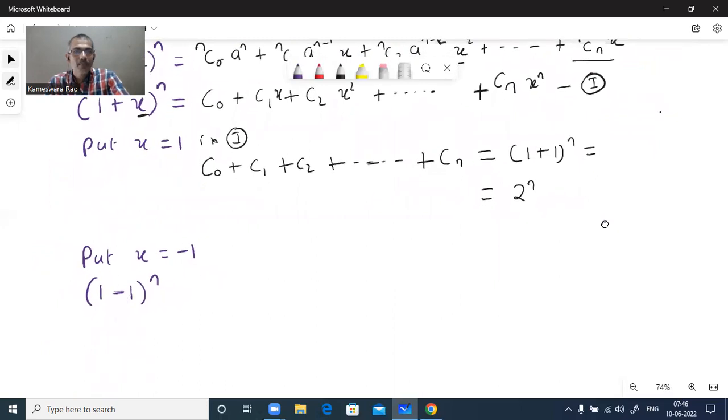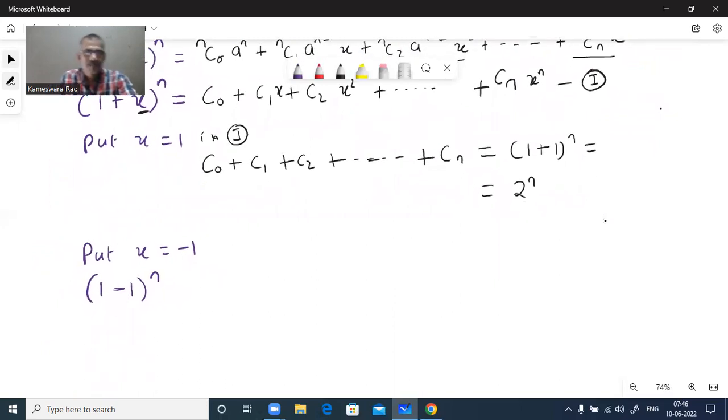Next, you put minus 1 in the first equation. Where x is, you write minus 1. So C0, C1 into minus 1, so minus C1 it will become. C2 into (-1) squared is plus C2, since even powers give plus 1.